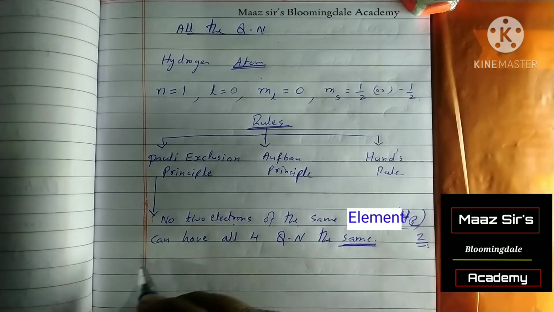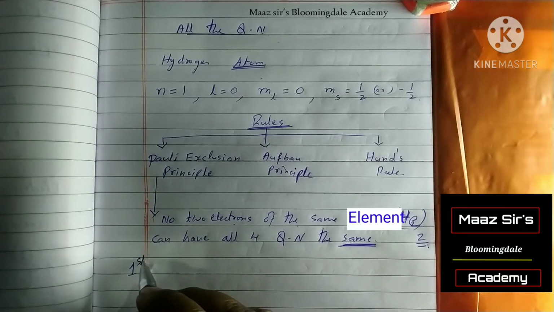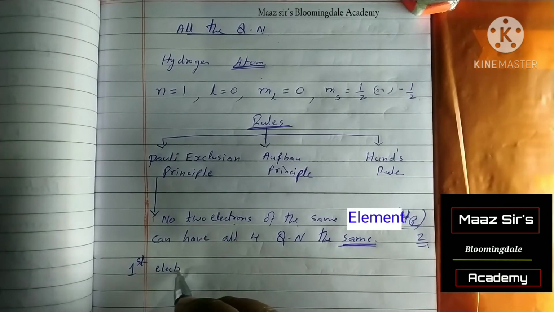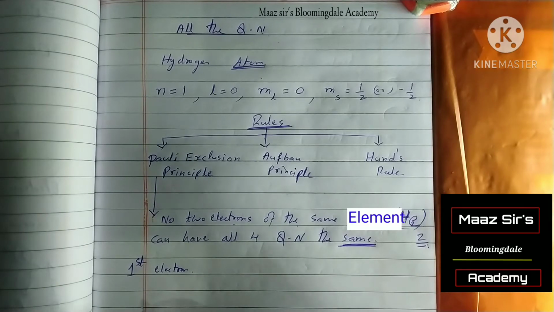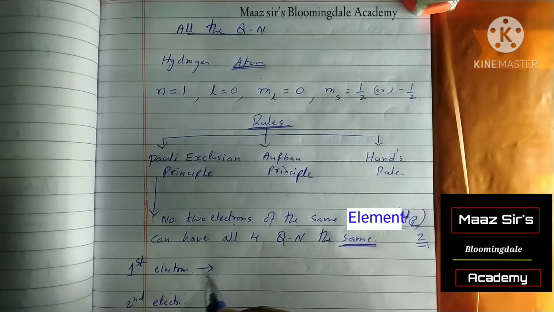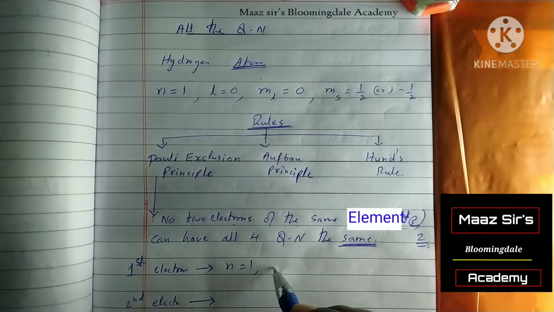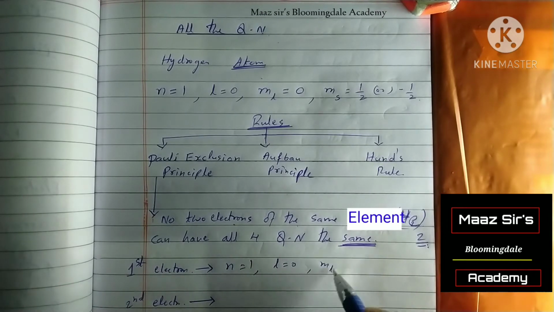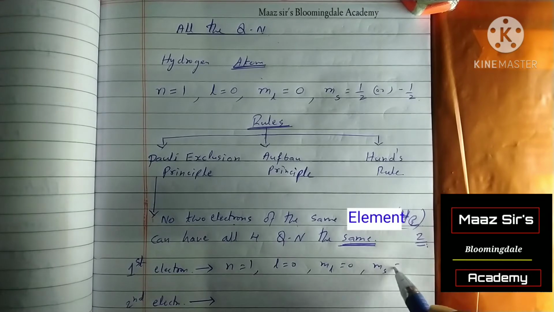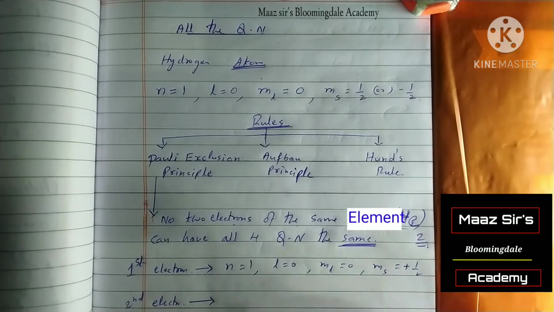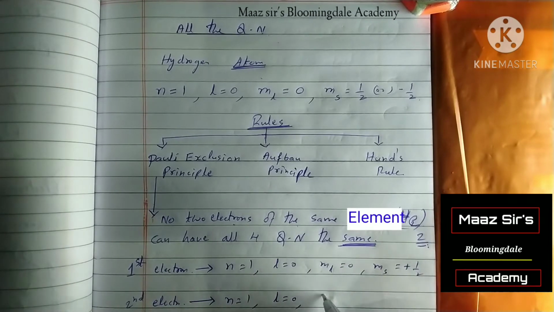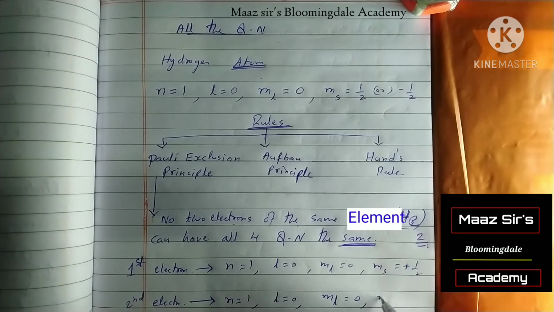Let us take the first electron and the second electron. Let us say the first electron is having these values. I am giving an example. The second electron is having these values.